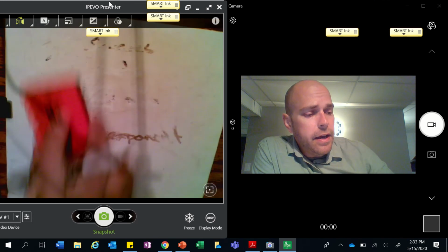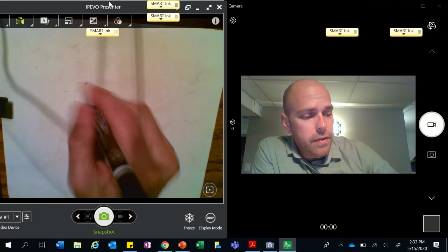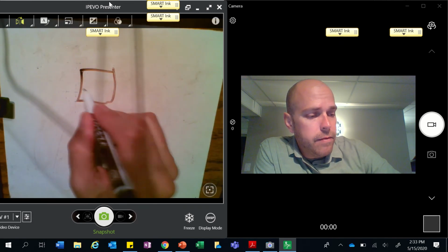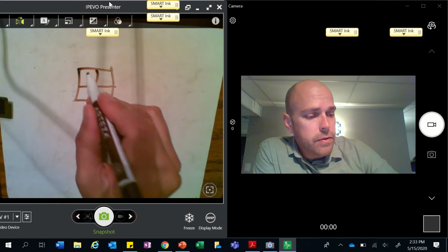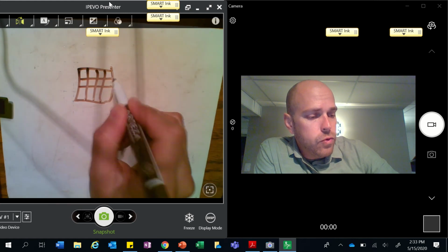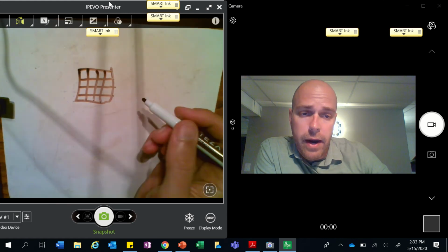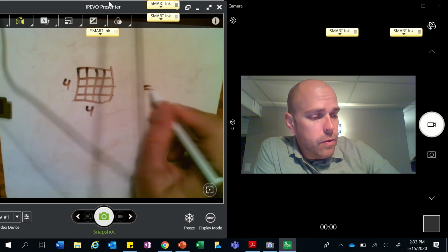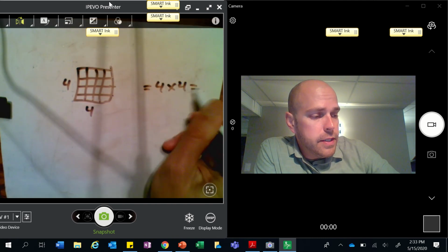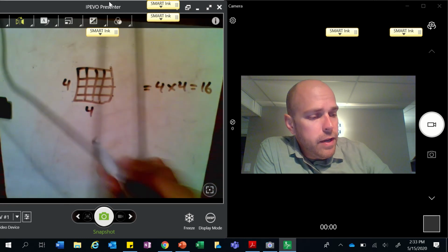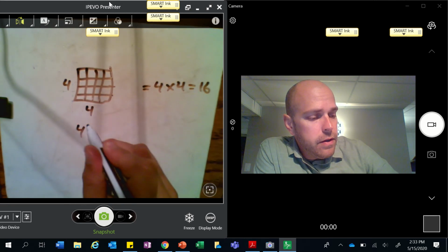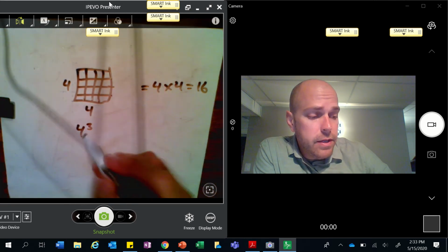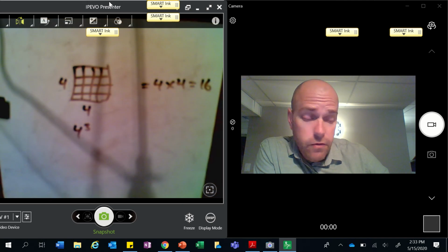Now, the basic thing I've shown you in the past is this. Here's our happy square again. Oops, I made it 4 by 4 there. That is a 4 by 4 square. Well, that would be 4 times 4, which is equal to 16. Well, what if it was 4 cubed? This exponent says I need 4 times 4 times 4.